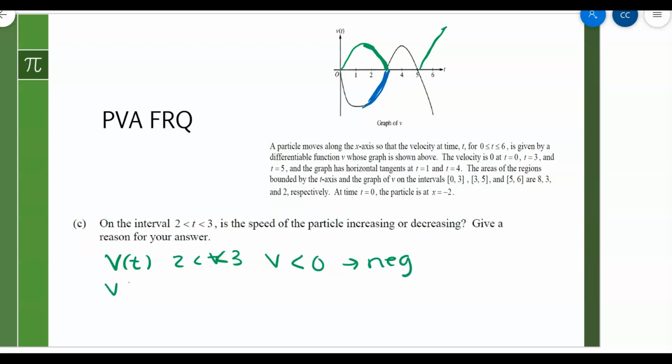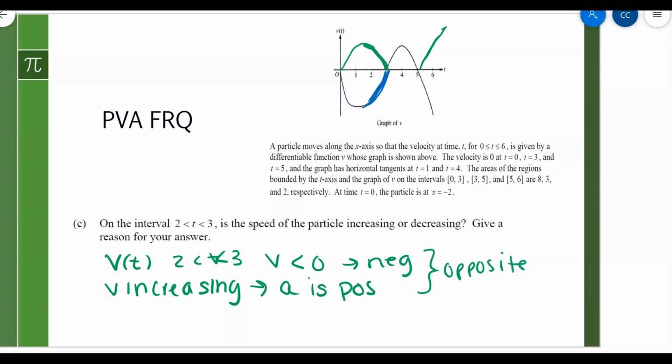Since the velocity is increasing, that implies that acceleration is positive. So opposite signs says decreasing or slowing down.